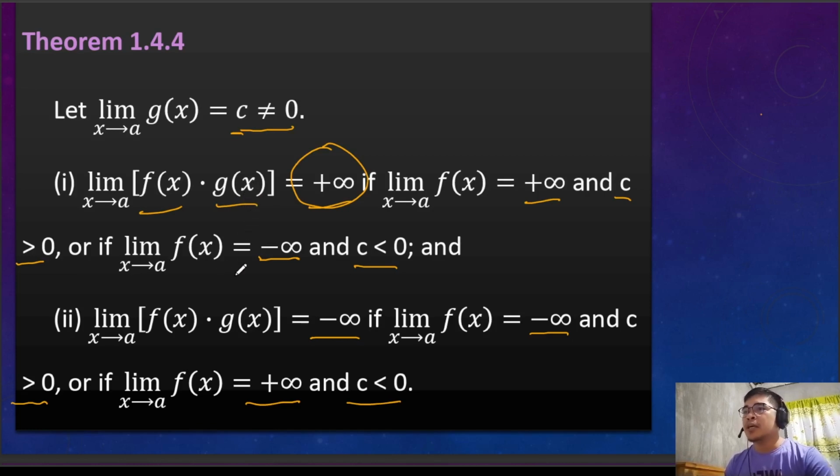It can also be negative infinity for f of x, with the constant of g of x being less than 0. The second one, the reverse: it is negative infinity if our f of x is negative infinity and our c is greater than 0. Also if our limit of f of x is positive infinity and our c is less than 0.